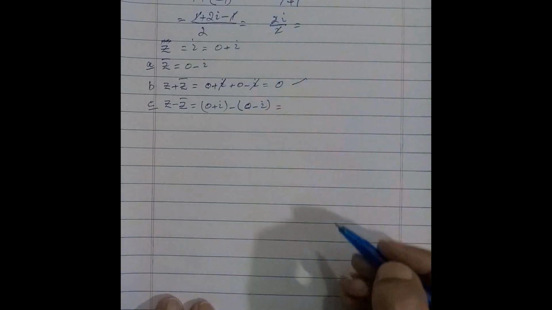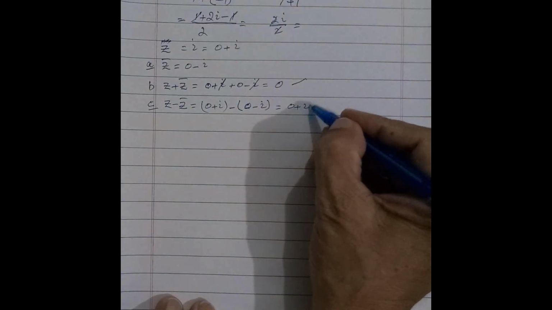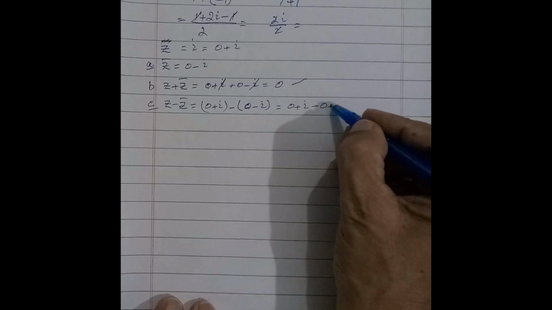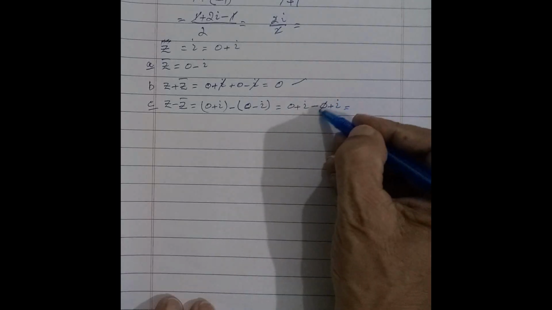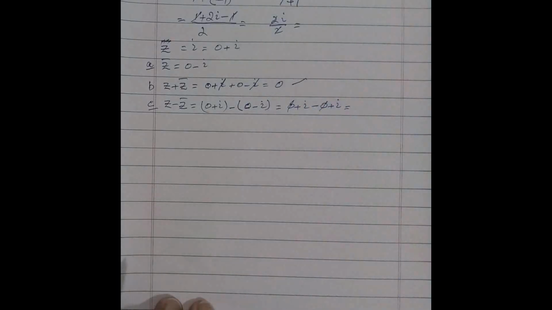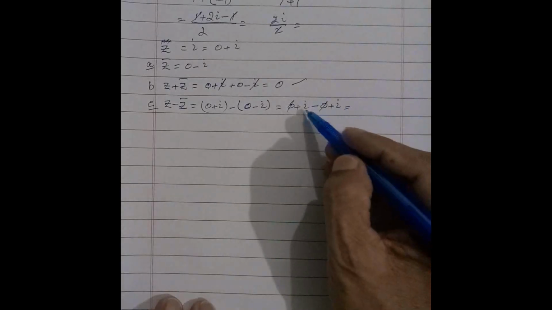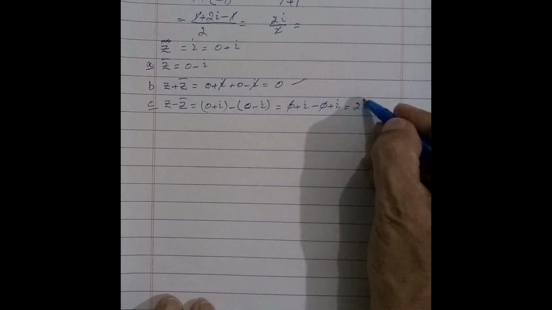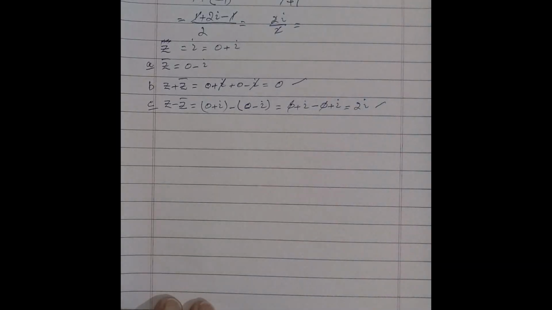Now simplify it: 0 plus iota minus 0 plus iota. Minus 0 and plus 0 cancel, or 0 minus 0 is also 0. Iota plus iota is equal to 2 iota, and it is the C portion of question 5, third part.